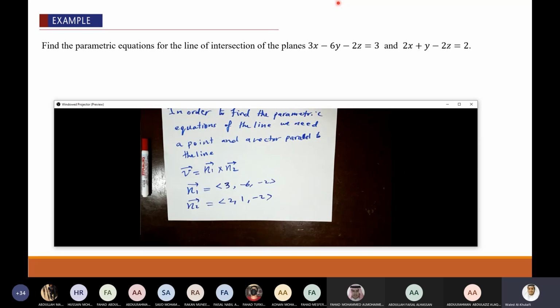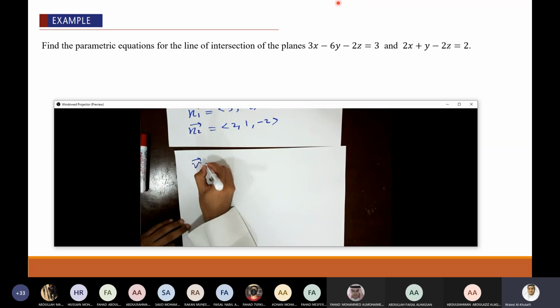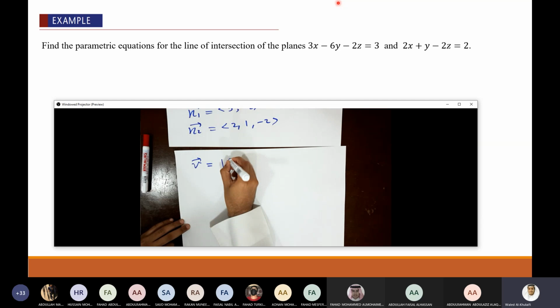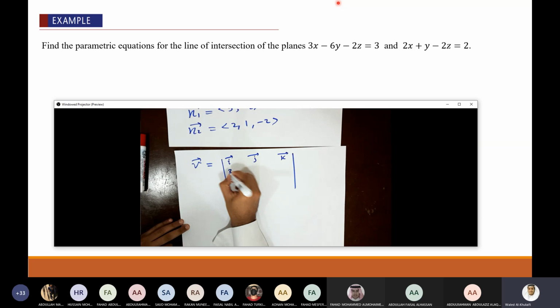Now, I will do it quickly. This will be I, J, K. So you have 3, negative 6, negative 2, and 2, 1, negative 2.